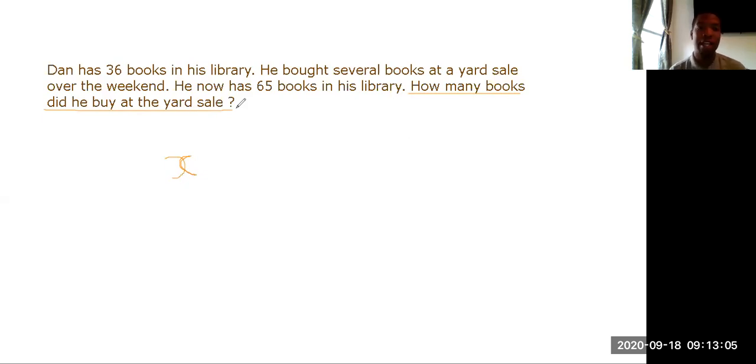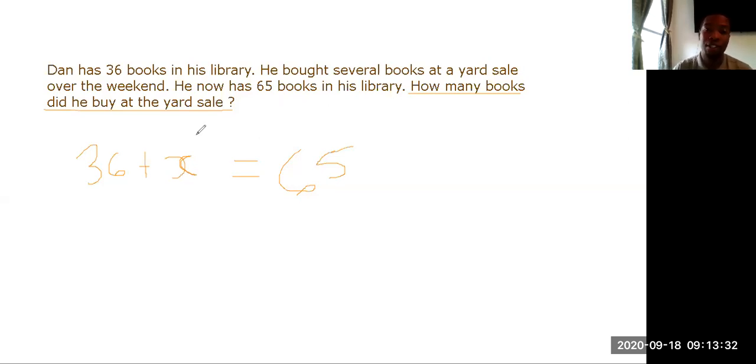Dan has 36 books in his library, so he started out with 36 books, and then he went to the yard sale and bought X amount of books, and now he has 65 books. That's all it's saying. X represents how many he bought at the yard sale.